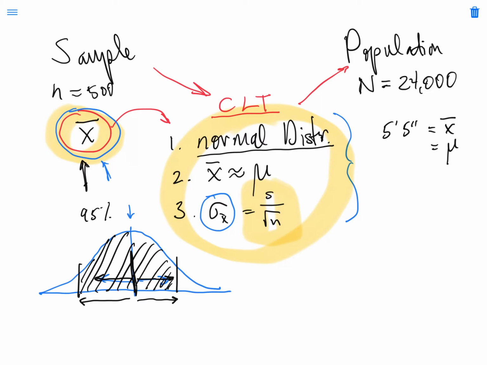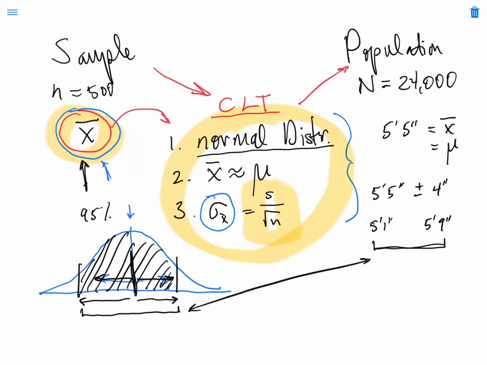So we can report not just that the mean is probably close to 5 feet 5 inches, we can say we are 95% confident that it's plus or minus 4 inches. Okay, so our confidence interval is that we are 95% confident that the population mean is not less than 5 foot 1 inch, nor is it greater than 5 foot 9 inches. So we have created our confidence interval, which is realistically just the interval of the theoretical normal distribution.